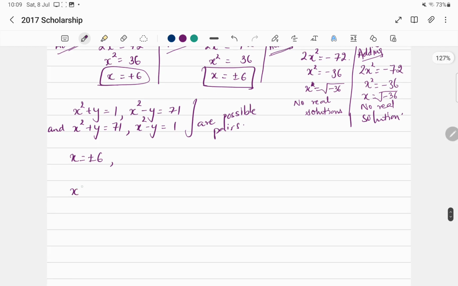If x squared plus y equals 1 and x equals 6, let's start with 6. We have 36 plus y equals 1, so y equals minus 35.